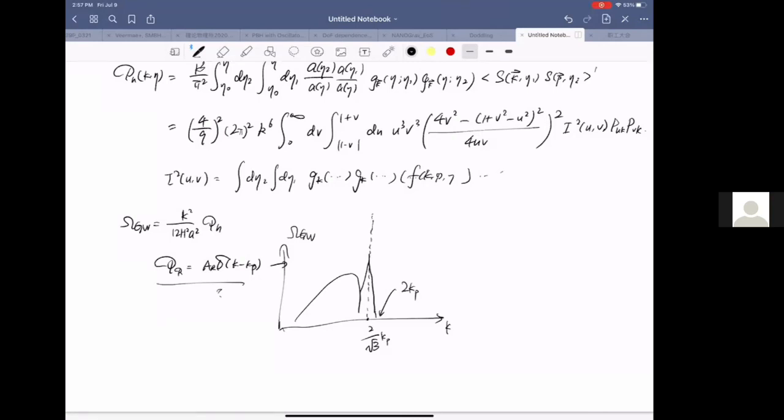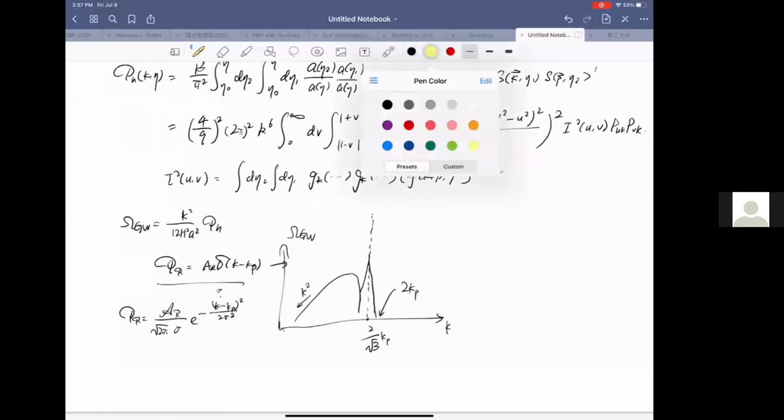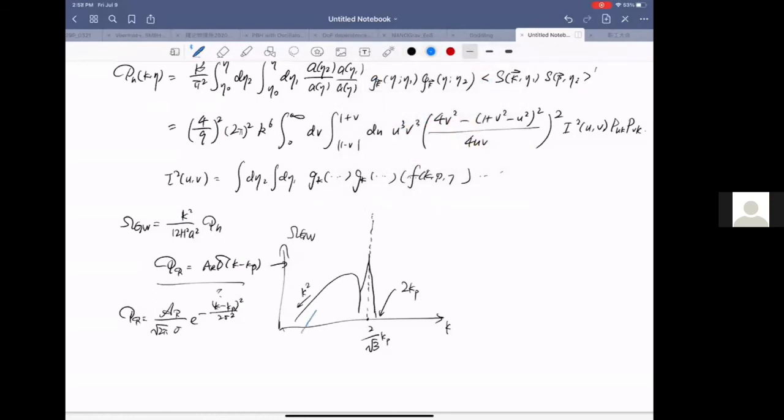So for a more realistic model, where you have a finite width peak, for instance in a logarithmic region, then this peak will become a little bit broader, but steeper in the infrared. This goes to K squared in the delta function case, and changes to K cubed in the finite width case.